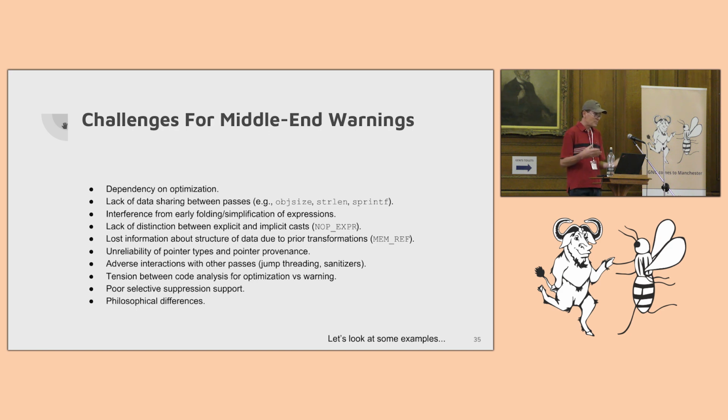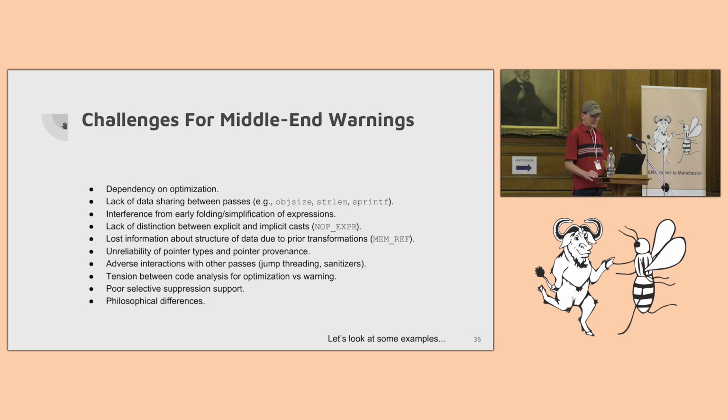For example, memcopy or strcpy calls get folded into memref expressions, and the memref expressions don't expose as much information as you might like about the nature of the access. So the later in the process a warning is implemented, the more likely it is that an expression like a memcopy or strcpy call will have been folded, and you will not be able to detect the kinds of problems that you might want to detect.